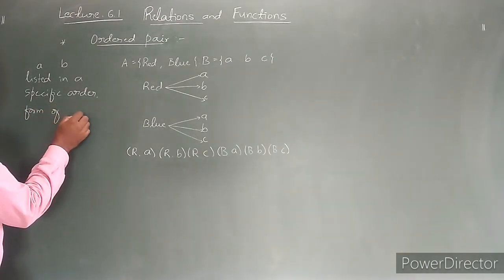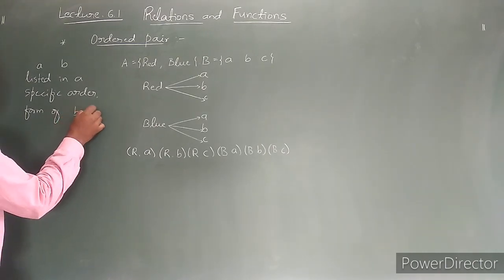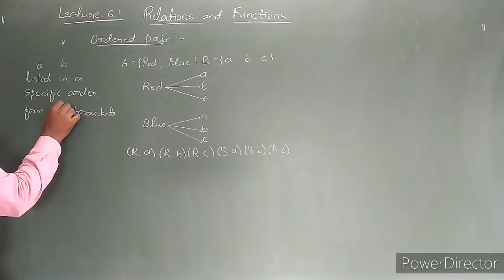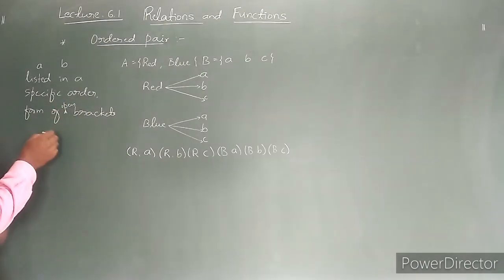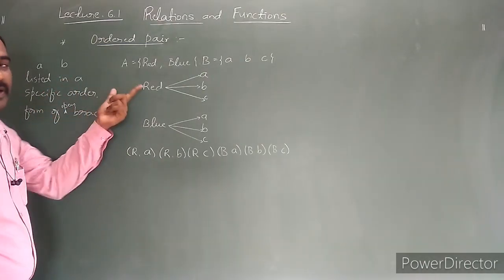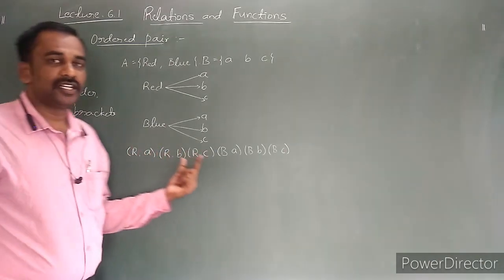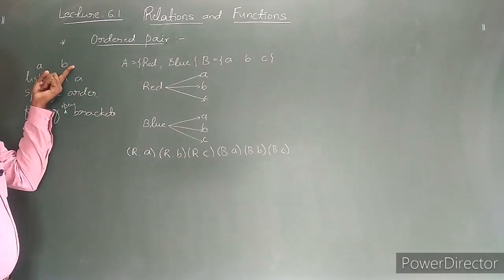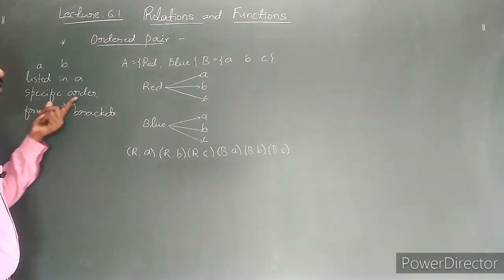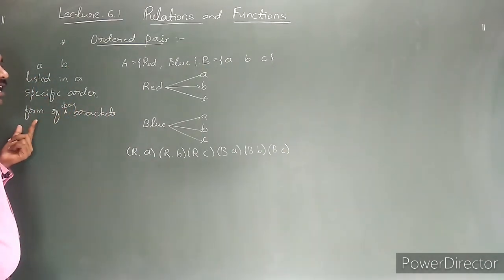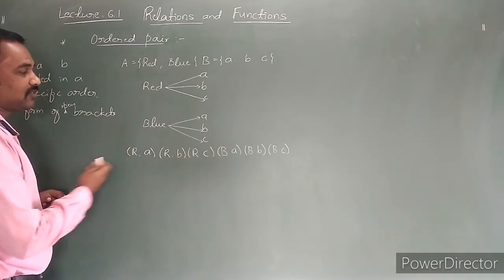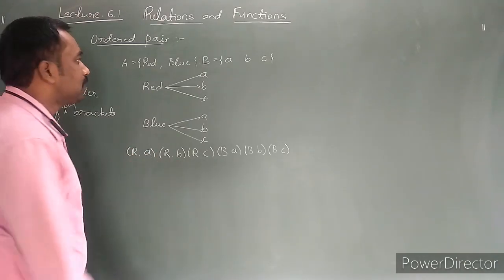So this is said to be an ordered pair. What is the ordered pair? An ordered pair is two objects A and B listed in a specific order and written in an open bracket. That is the simple definition.